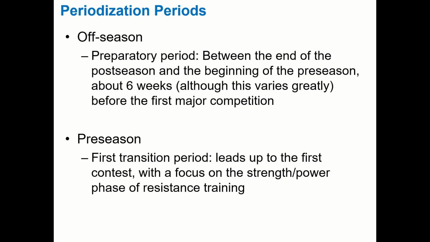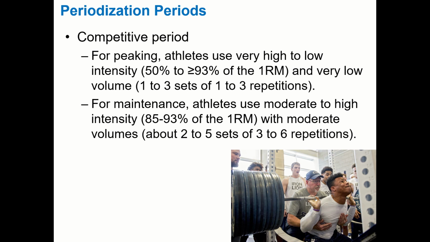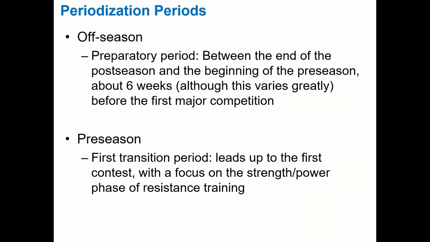All right, the off season. What they're doing on this slide is linking the phases that we just went through to common terminology around sports. Think of the off season as the preparatory phase, so basically the general and specific preparatory.